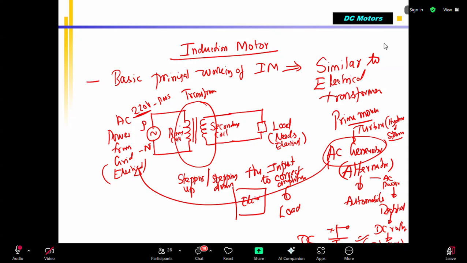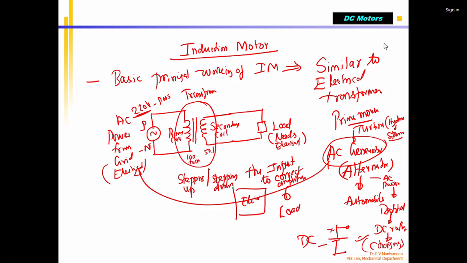Now, the voltage is applied to the primary coil, which has 100 turns, and the secondary coil has 50 turns. Both are wound over a transformer core.